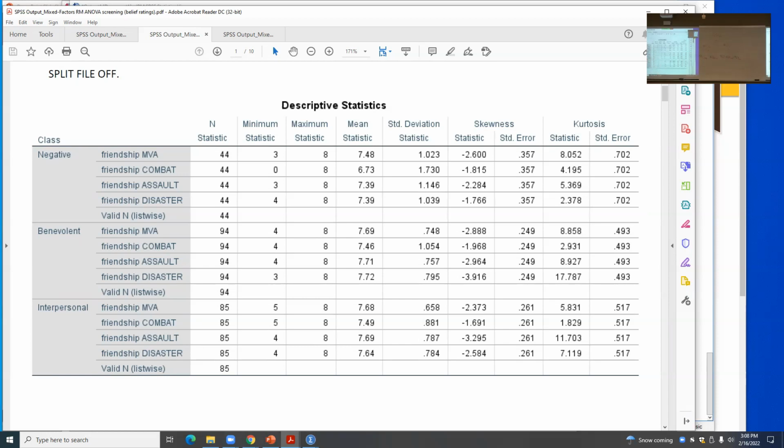Are you worried about this sample of 44? Not really. Yeah, when we get into that, we're going to see some stuff. But just in terms of sheer magnitude, am I worried about a cell of 44?